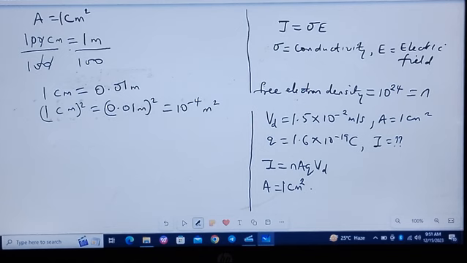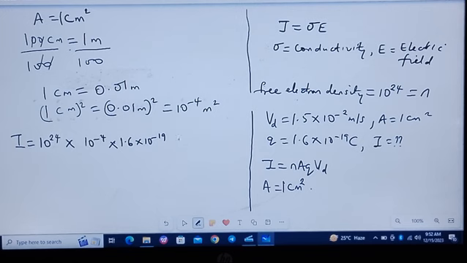So we then come back to our expression by saying I is equal to N, which is 10 raised to the power 24, times A, which is 10 raised to the power minus 4, times our Q, which is 1.6 times 10 to the power minus 19.